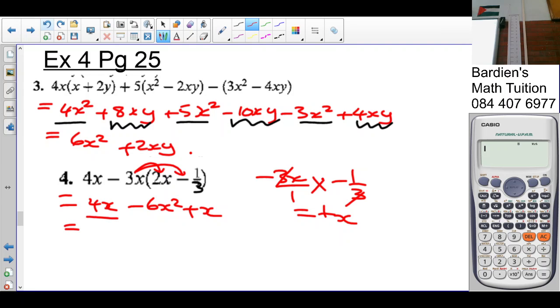What is 4x plus x? 5x minus, or negative 6x squared plus 5. You understand?